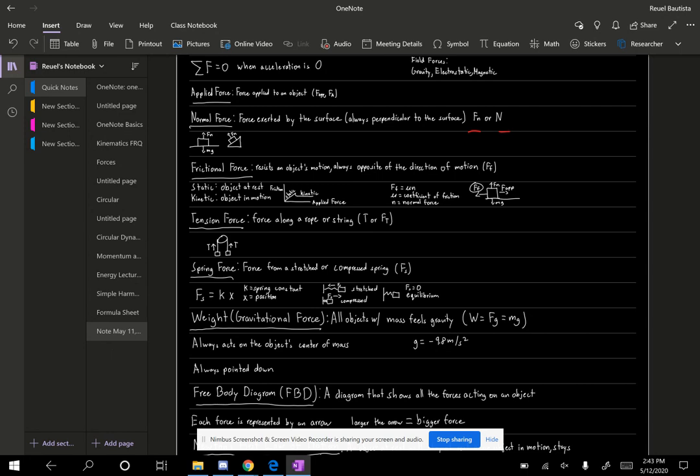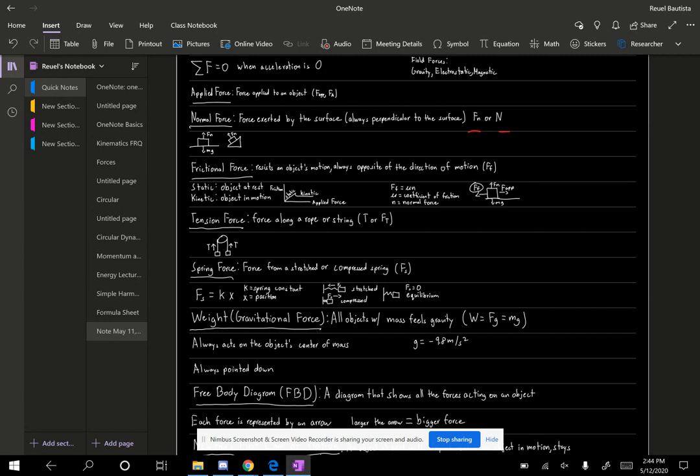Static friction is the friction of an object at rest, and kinetic friction is the friction of the object in motion. It's also super important to understand, and I included a graph here, that the force of friction is stronger with static friction. You probably noticed before, when you're pushing something very, very heavy, it's really hard to get it to move.